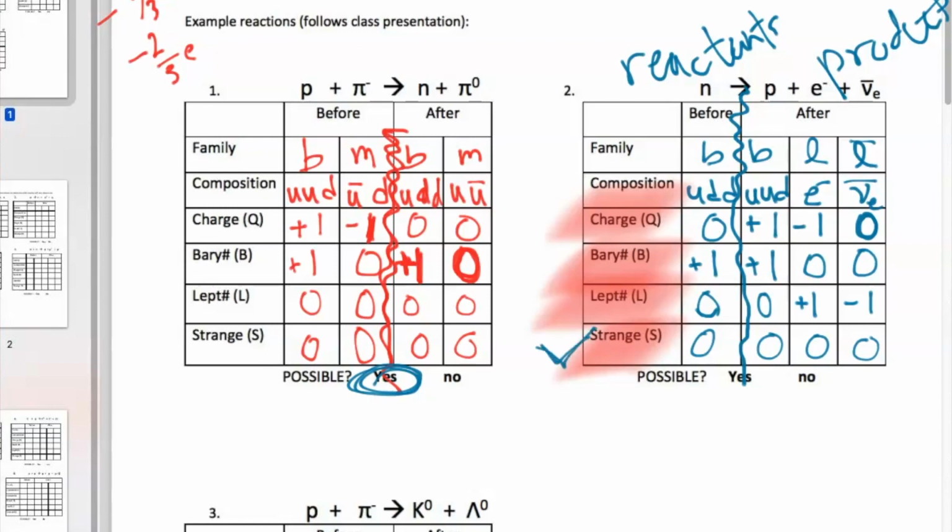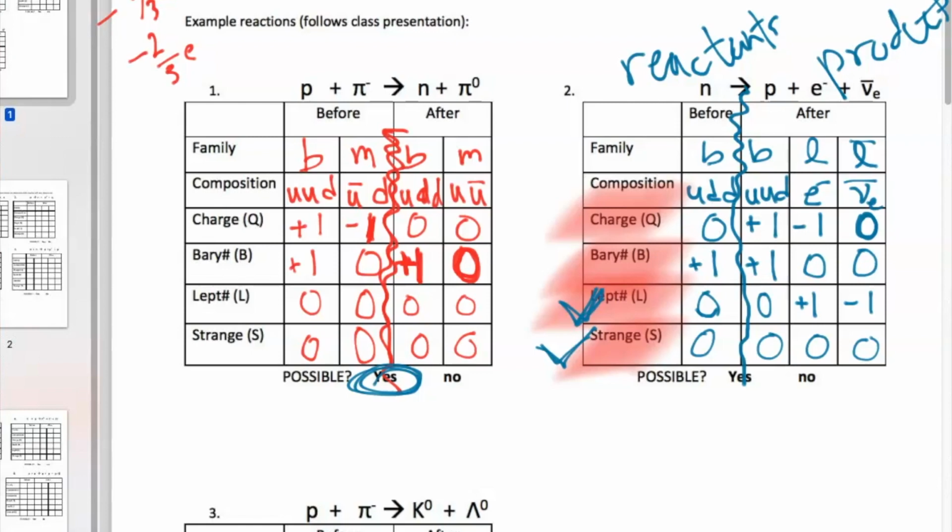Lepton number, we have 0 in the reactants, and then 0 plus 1 minus 1 in the products, which adds up to 0. So 0 equals 0. Score, that is conserved. Go team. So lepton number is conserved. Baryon number, we have a plus 1 in the reactants, a plus 1 in the products.